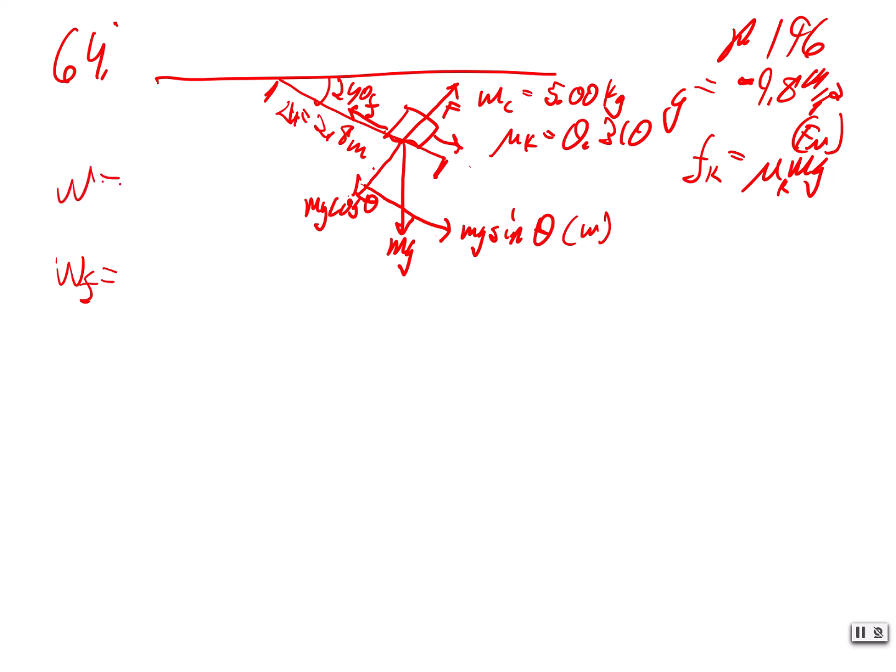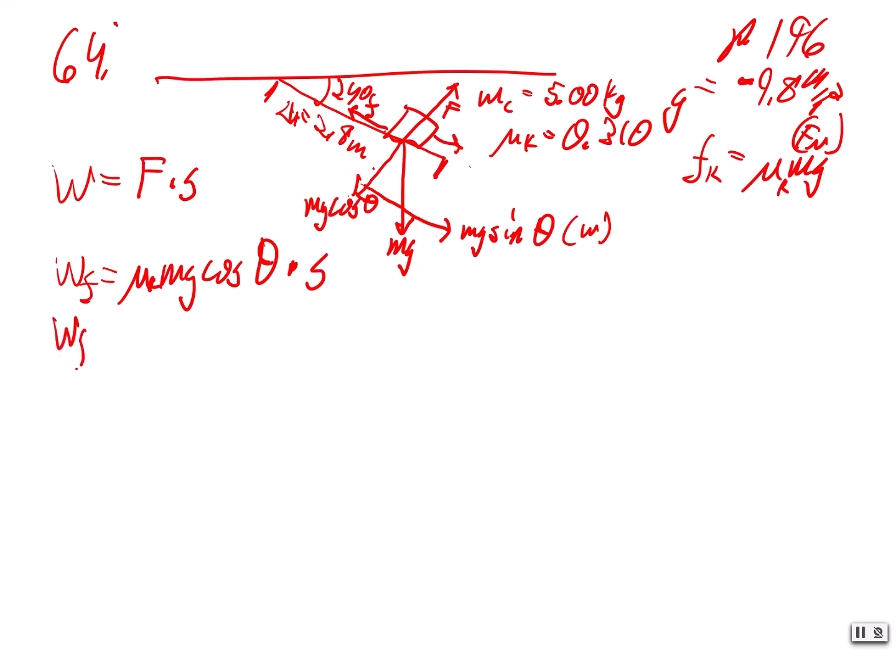Well, work is equal to the force dot product S. So where's our force coming in? Well, it's coming in with what? It's mu of k mg cosine of theta times S, right? It sure is. So now let's plug everything in.